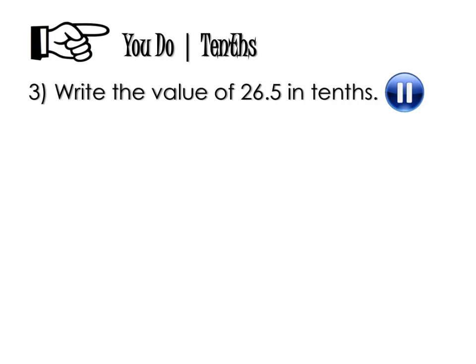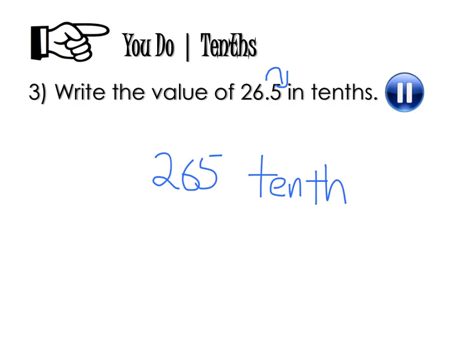You can pause the video now. So converting from decimal to tenth is the opposite of converting from tenth to decimal. So when I convert tenth to decimal, I move to the left. So now I will move to the right. Okay. So 26.5 in tenths is 265 tenths.